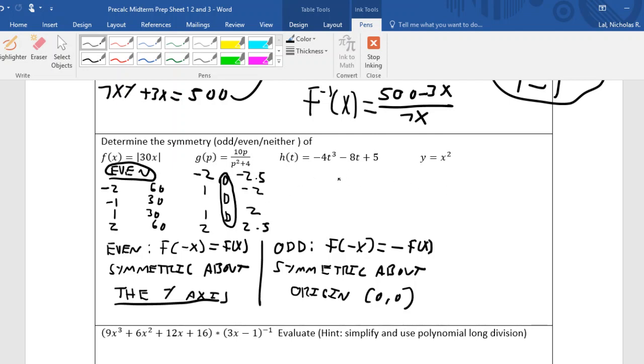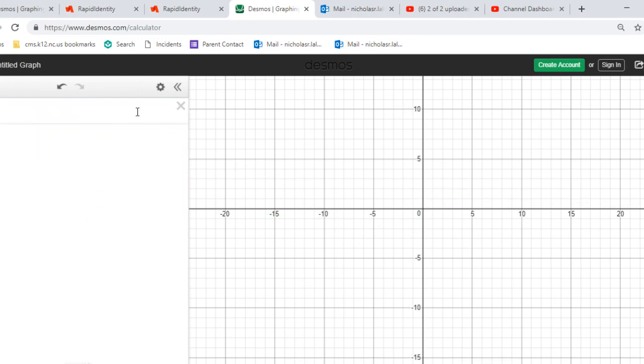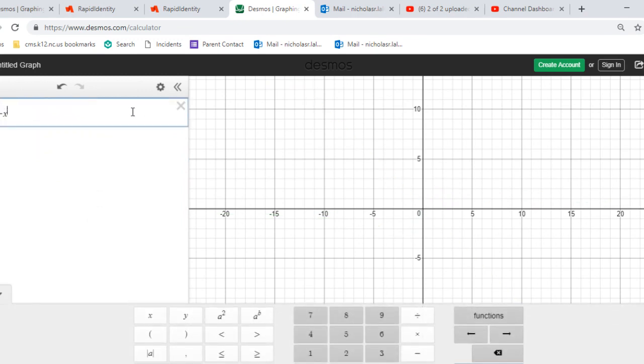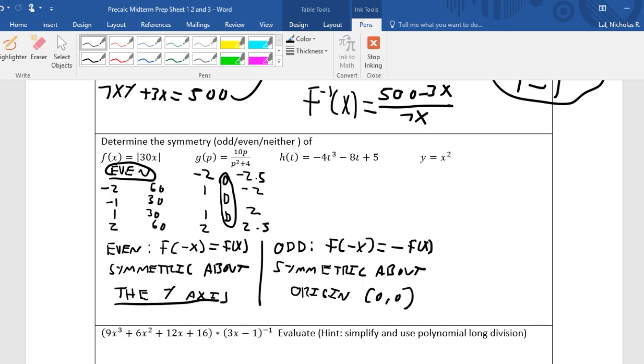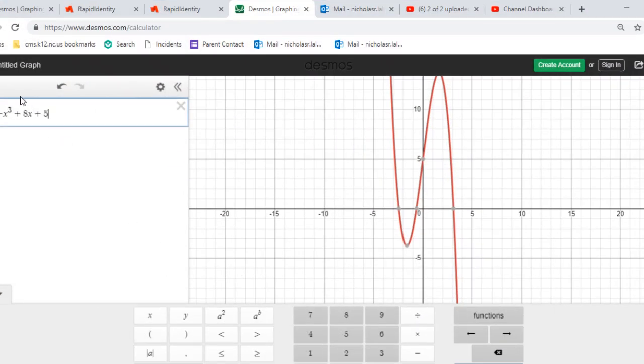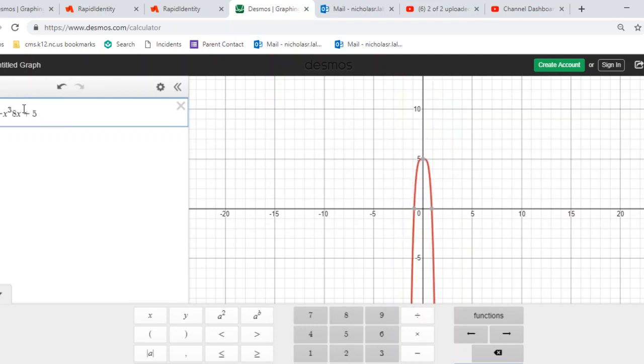H of t is equal to negative 4t cubed minus 8t plus 5. Negative 4x cubed plus 8x plus 5. Minus 8x. All right, this function clearly has no symmetry, so I can immediately tell that it is neither.